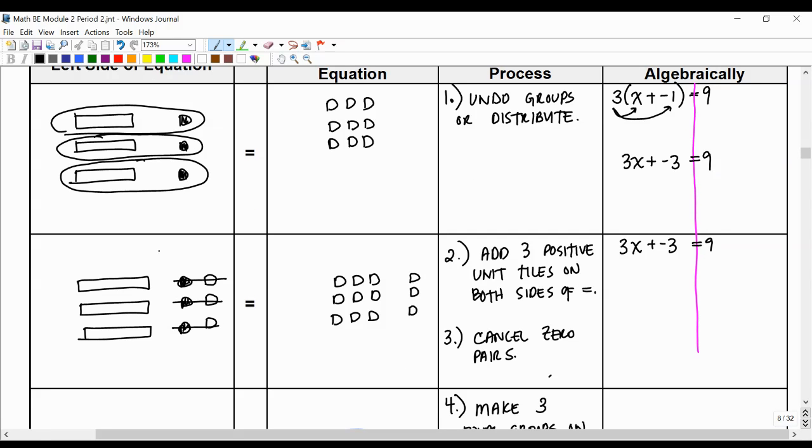All right. Next step was we added +3 on each side. So we're going to do +3 and +3. Notice how I'm lining them up. These cancel. I'm going to draw a line, and I have 3x equals 12.